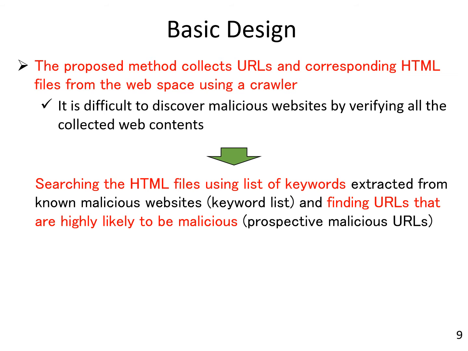It is difficult to discover malicious websites by verifying all the collected web contents. Thus, we search the HTML files using lists of keywords extracted from known malicious websites, and find URLs that are highly likely to be malicious.